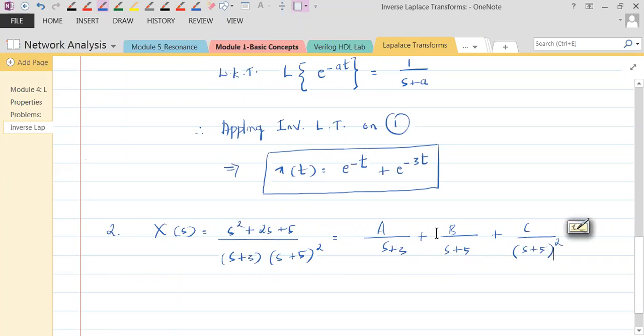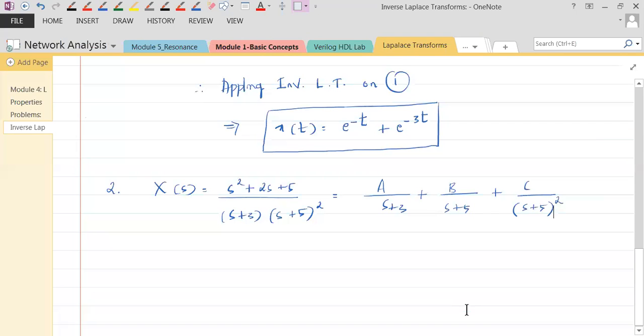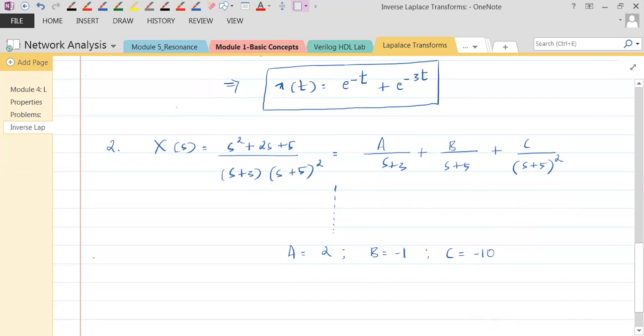See, we are having this in standard form now. Now you do this to obtain A, B, C. I'll give you A, B, C. A is 2, B is -1, and C is -10. So therefore X of s becomes what?